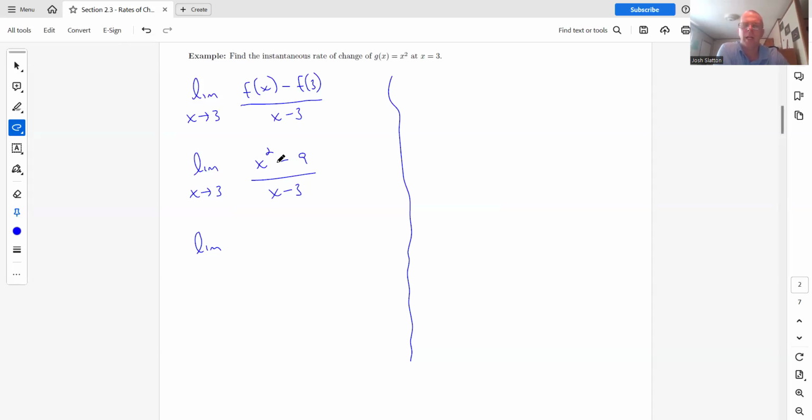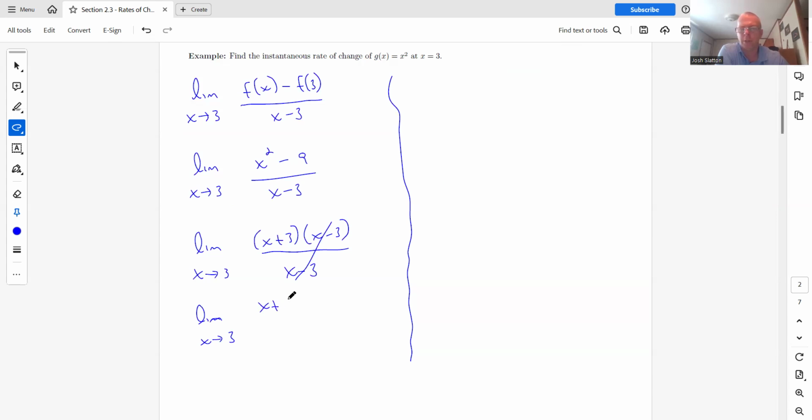Last time we saw that maybe you can factor it, maybe you can rationalize the numerator or the denominator if you have a square root. In this case, no square roots, but we can factor the top into x plus 3, x minus 3. And then, of course, we see that the x minus 3's will cancel. And we're left with the limit as x approaches 3.